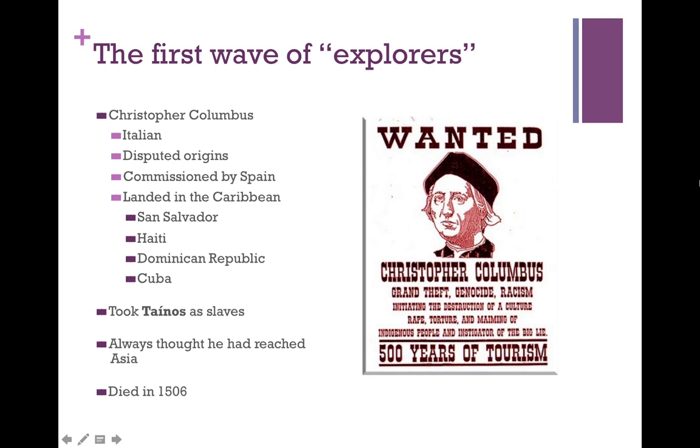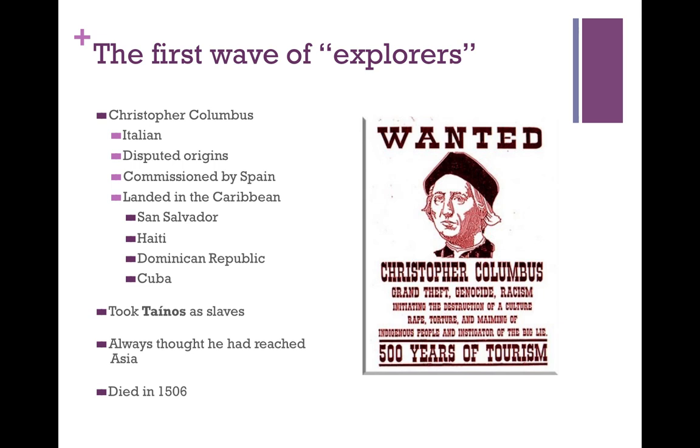So we go back to these explorers, or someone would say finders or stumblers upon. We have this character that will come up over and over throughout the semester, Christopher Columbus, of Italian descent, though there's a dispute about his origins. Like I said before, he was commissioned by Spain to find different routes. As one student put it, well, he was doing his job.